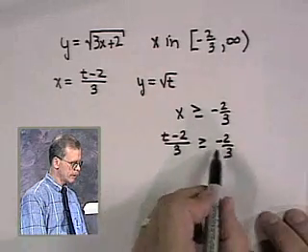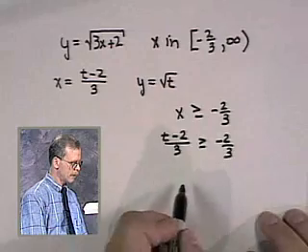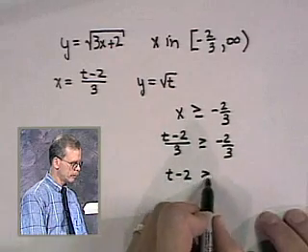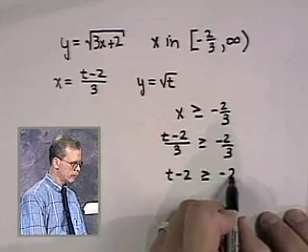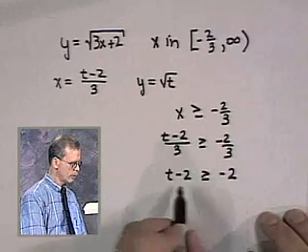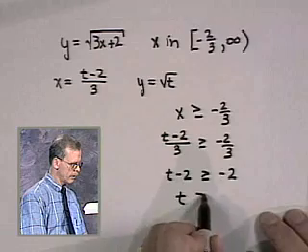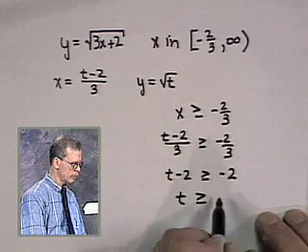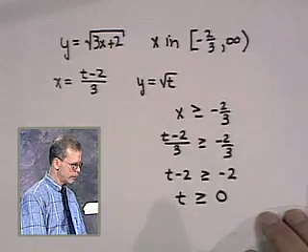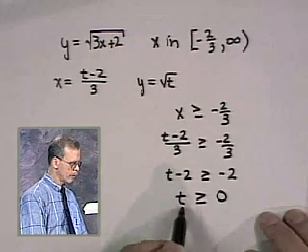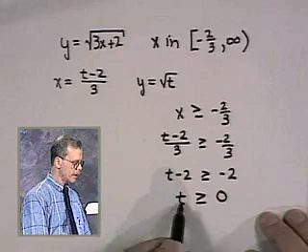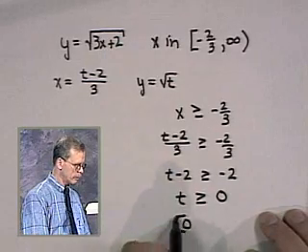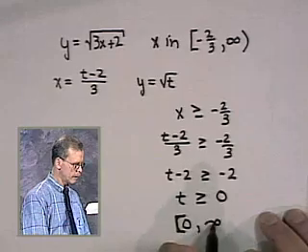With two fractions in an inequality with the same denominator, we'll just write t minus 2 larger than or equal to negative 2, add 2 to both sides, and we should use any t larger than or equal to 0. And so the interval over which we could consider our t, our parameter, is 0 inclusive to infinity.